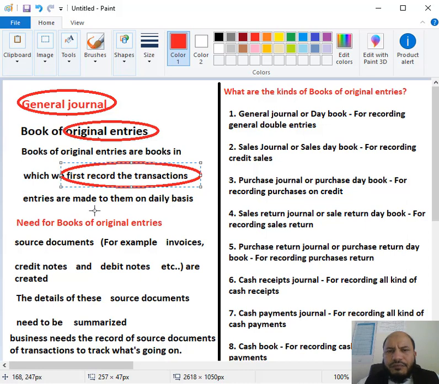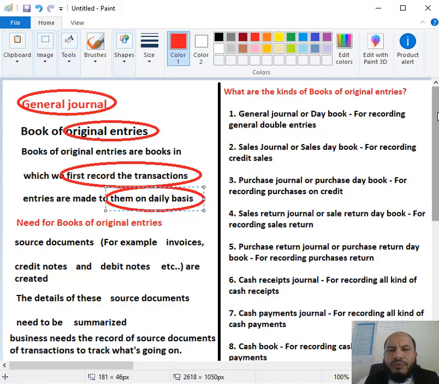In other words, we record transactions on a daily basis. We may also say the general journal is a book where we record transactions on a daily basis. This is the simplest definition of the general journal.